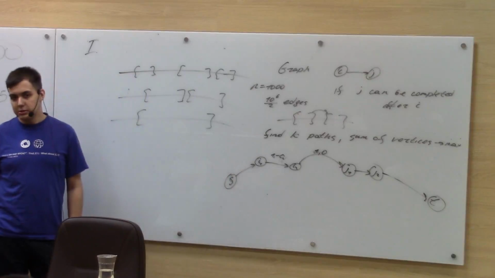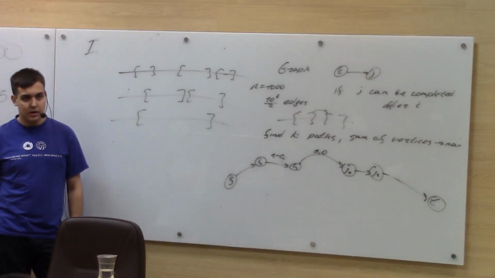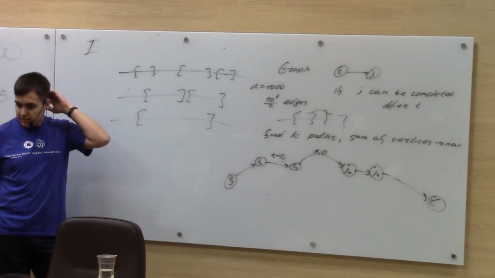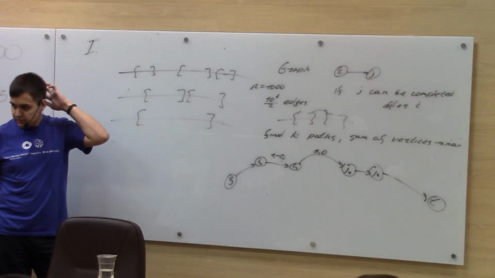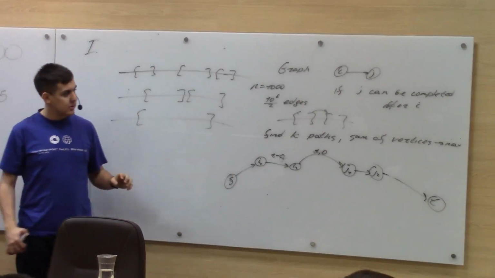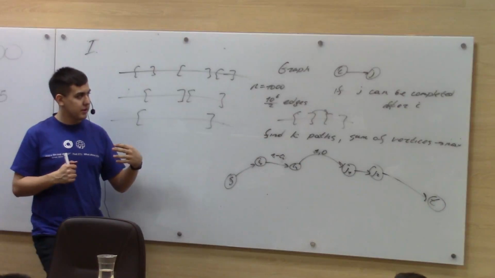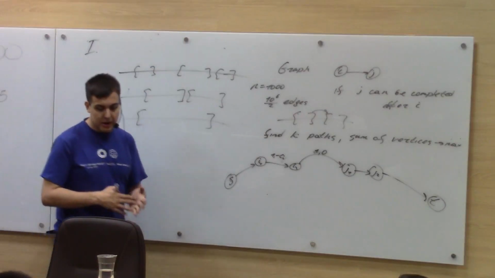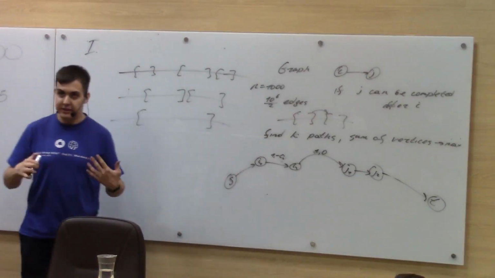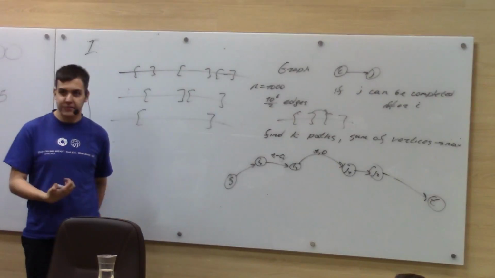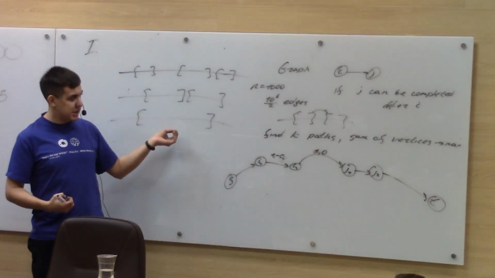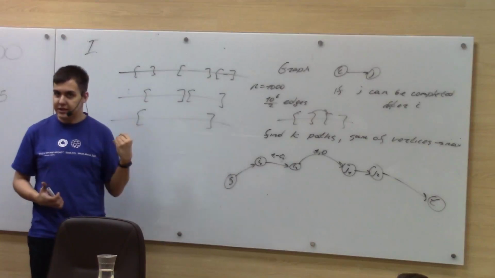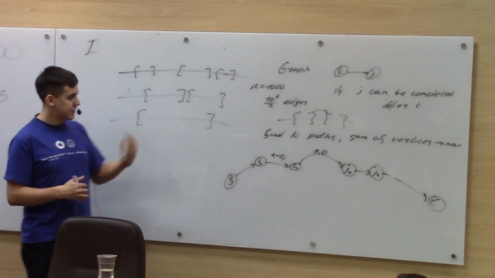Okay, so what can we do? Basically we can make 2 types of edges. We either complete this job, so we can move into any job after the completion of this.